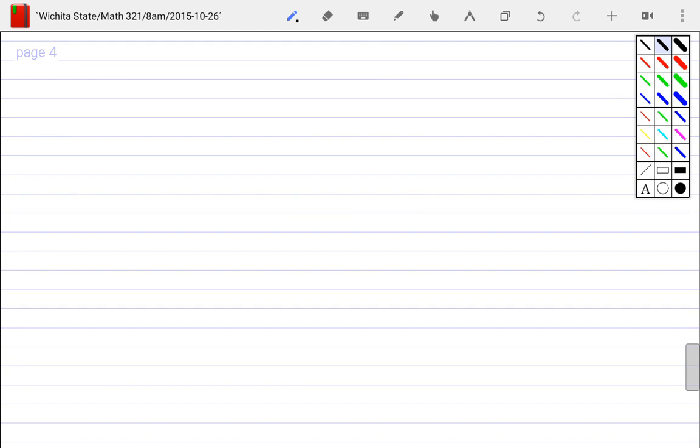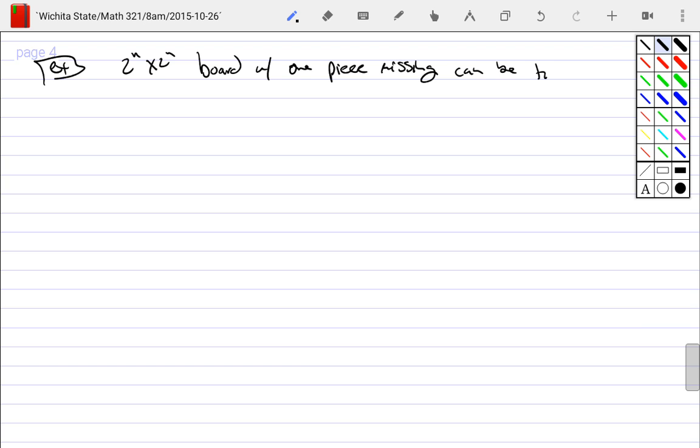If I go back to that tiling problem, that a 2 to the n by 2 to the n board with one piece missing can be tiled by this shape.